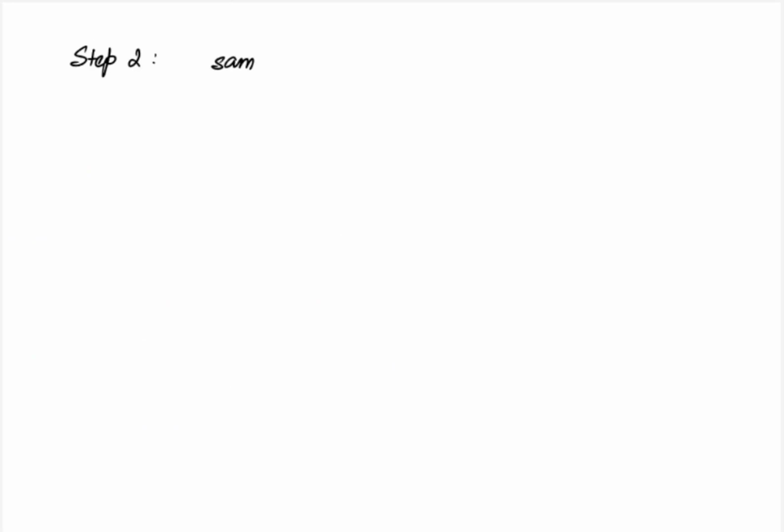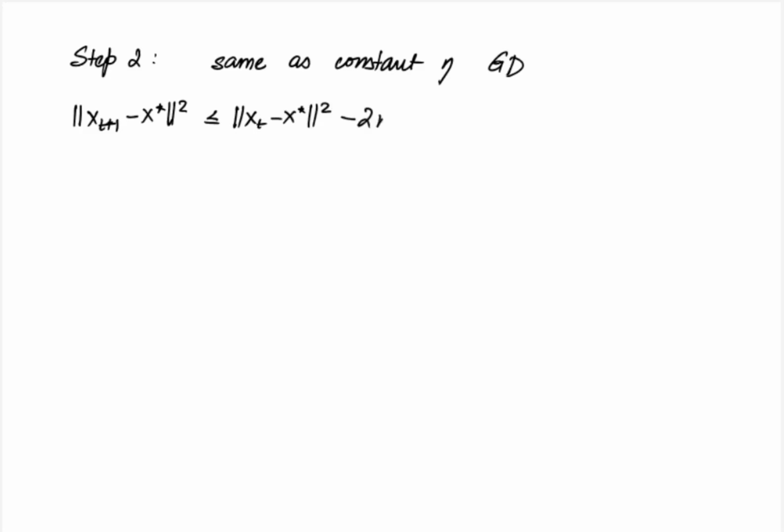Next, let us go to the second step, which is exactly the same as the first step of the constant step size gradient descent. We begin by expanding ||xt+1 minus x star|| square, which is equal to ||xt minus x star|| square minus 2 eta t, inner product of gradient f of xt, xt minus x star, plus eta square ||gradient f of xt|| square.